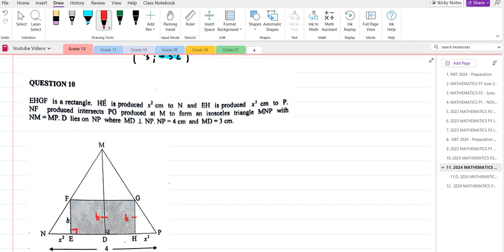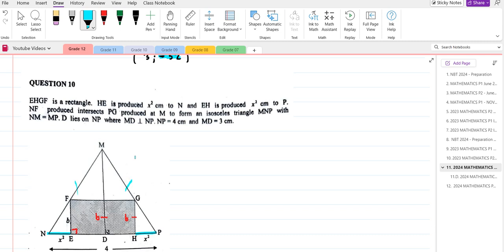HE is produced to N and EH is produced to P, and they are x squared. So the side lengths are x squared. NF produced intersects PG produced at M to form an isosceles triangle with NM equals MP. Those two sides are equal.